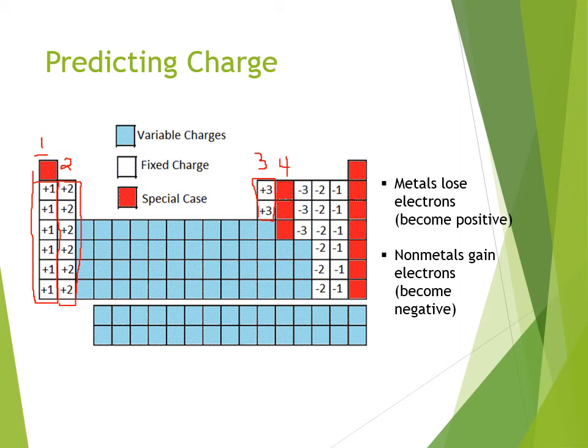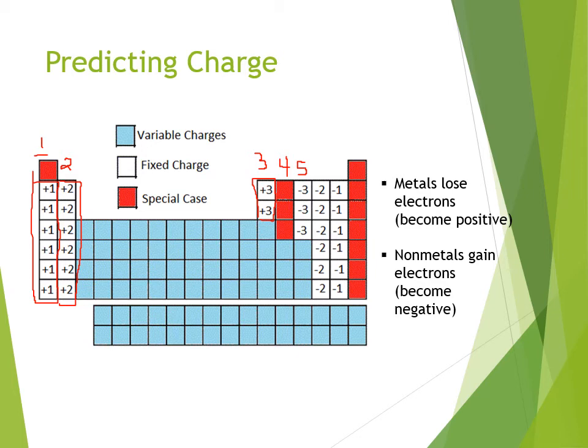Okay, now let's look at group 5. And I'm counting just the representative elements. Notice I skipped the transition elements. Valence electrons only apply to the main group elements. So group 5 here is going to have 5 valence electrons. So why do they form a -3 charge? Well, we said all the elements in the periodic table want a full octet, which means they want 8 electrons.